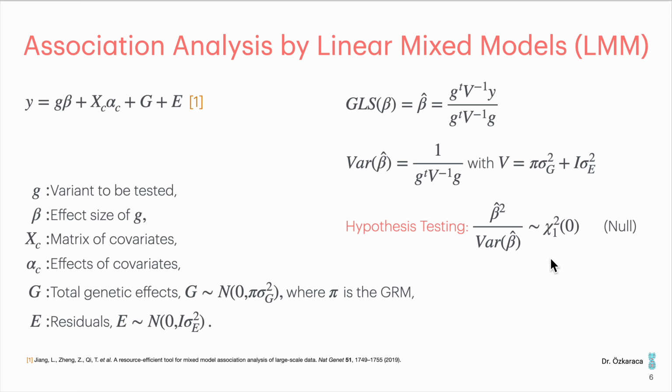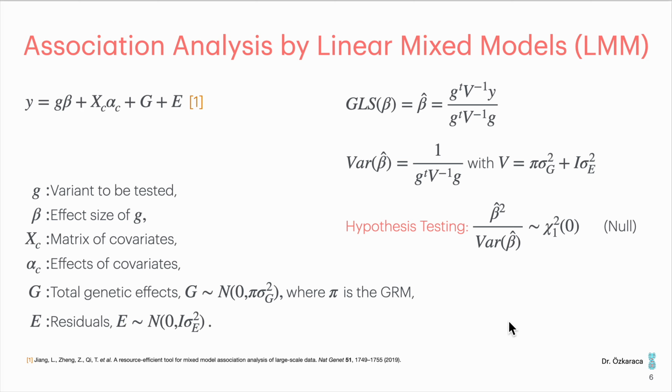This would generate a p-value, which would tell us how confident we can be in concluding that the variant is associated with the trait of interest. And we would also have an effect size. If we are confident that it is associated with the trait, we would also have a measure of how much it is impacting the trait. So this is the linear mixed model setting.